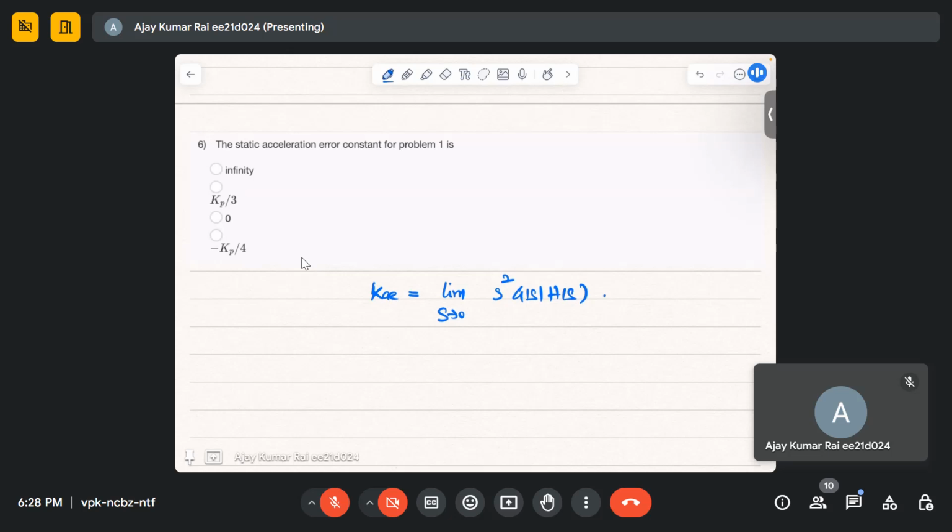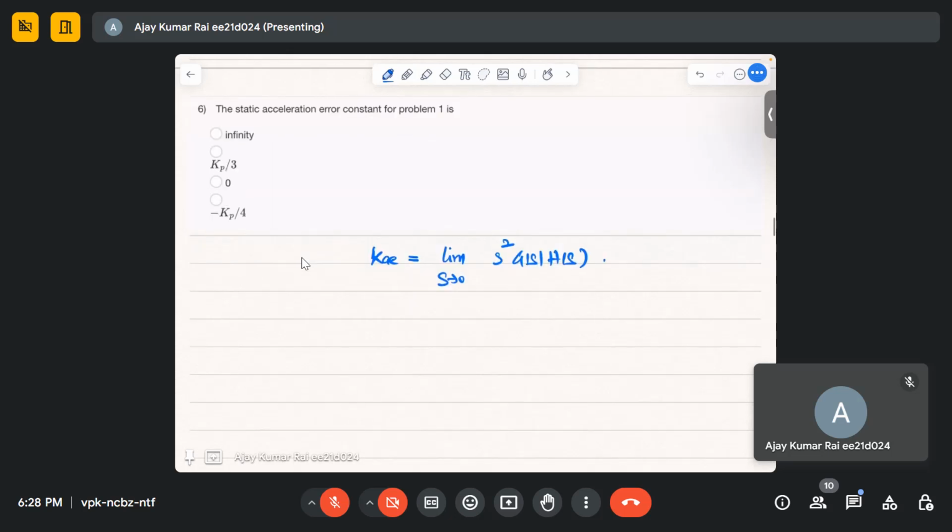For the position, s is not there. For velocity, s is there, and for acceleration you have s square. And if you apply the formula, this is equal to Kp into s square over s square plus 4s plus 3. Simple.